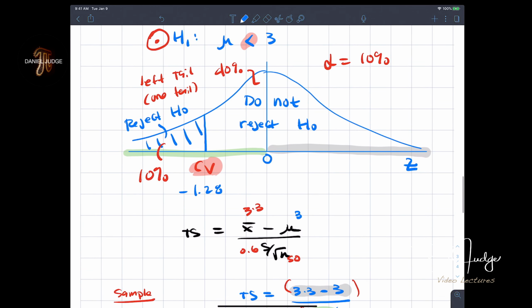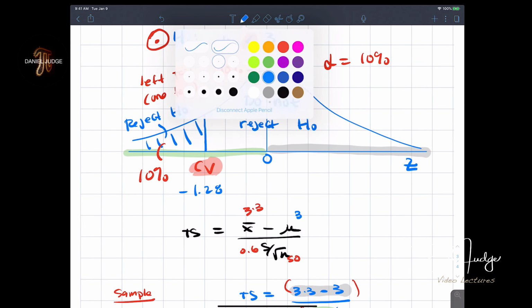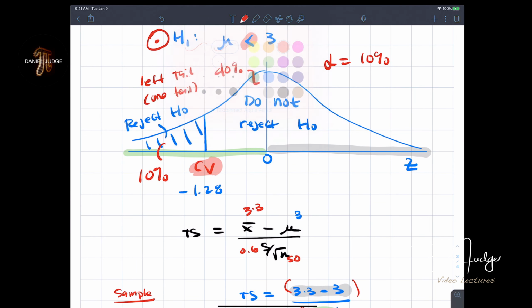And you say, okay, 3.54. In other words, 3.54 is actually positive. So it's to the right of 0, and it's maybe somewhere over here. This is where my test statistic lives. I'll put an X there. 3.54. Now, what we care about is, where does this live in your decision rule?